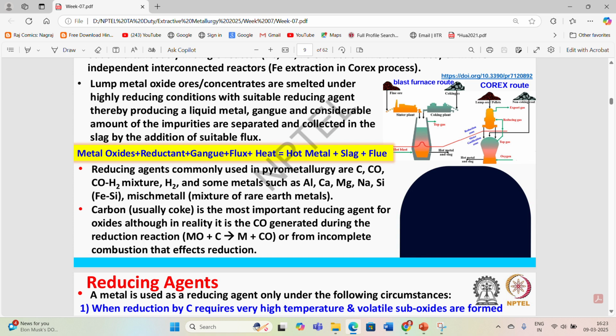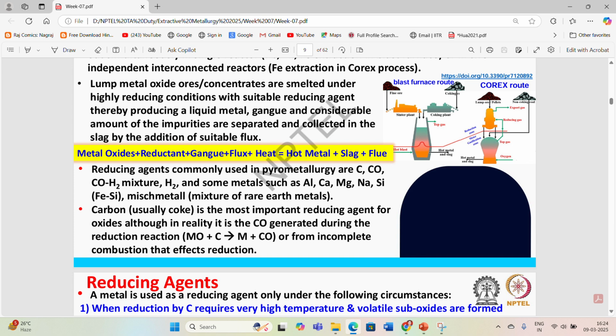If we are talking about hydrogen as a reductant, then the process is known as the hydrogen reduction process. And if we use metals as a reducing agent, then the process is commonly known as the metallothermic reduction process.